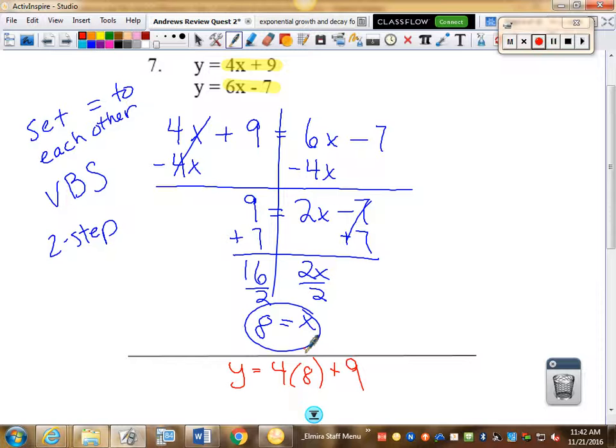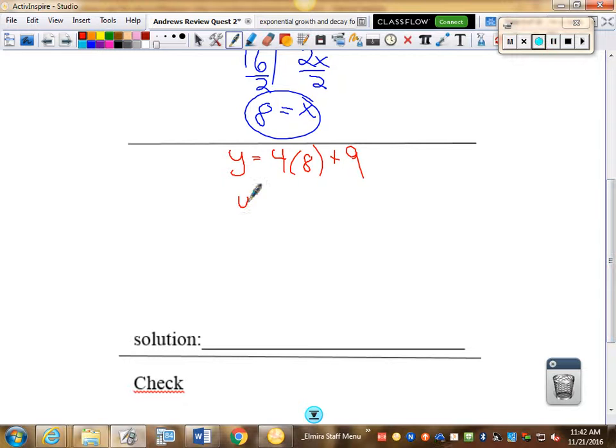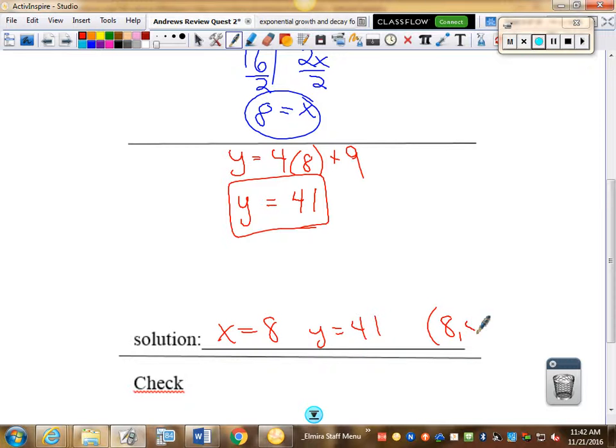So I subbed in the 8 for the x. 32 plus 9 is 41. So my solution is x equals 8, y equals 41, and if you write it in coordinate form, (8, 41).